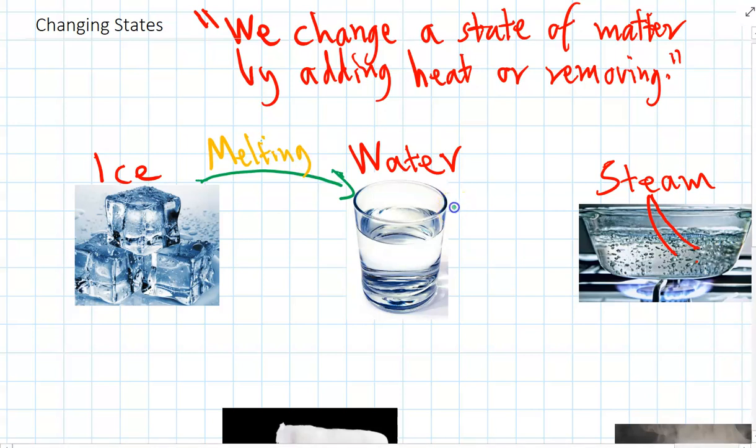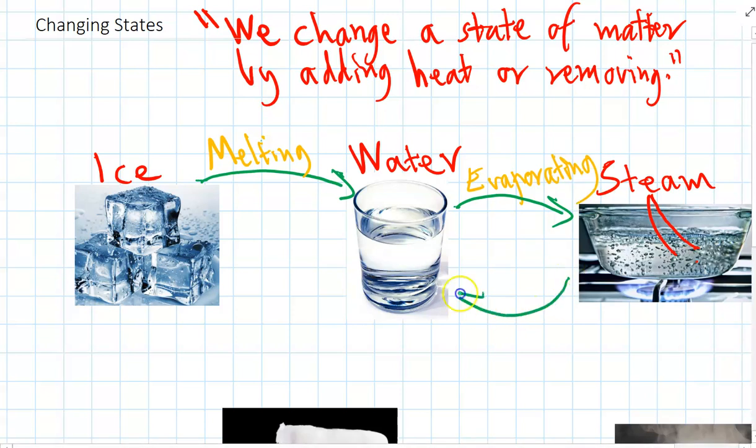If you leave that water out in the sun again, or if you start to boil it, then that liquid water turns into a gas, and we call that evaporating. So going from a liquid to a gas is called evaporating.